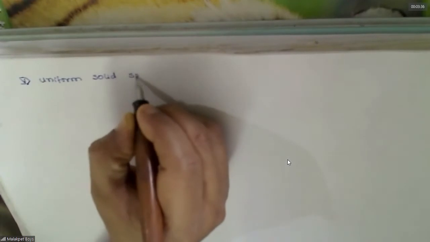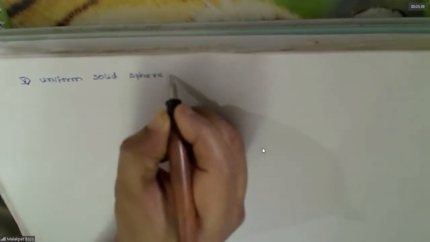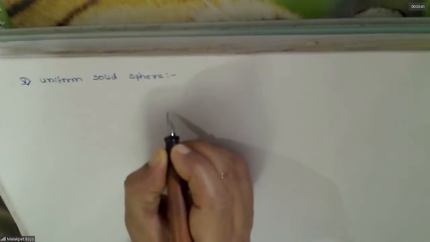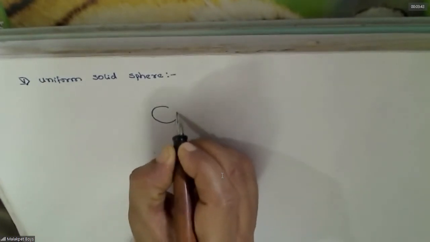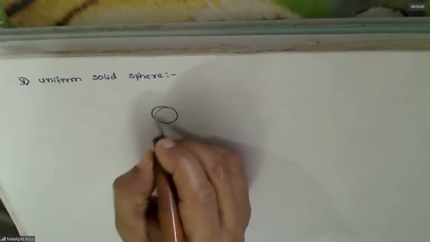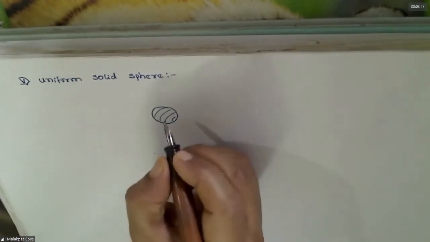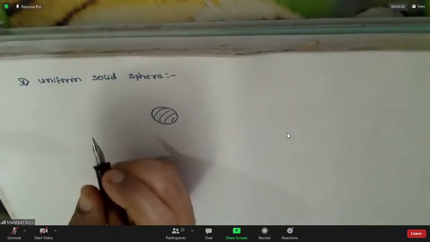For this, the integration is quite complicated. We don't require it, just take the end result. So this is the sphere. Now suppose it is about an axis.